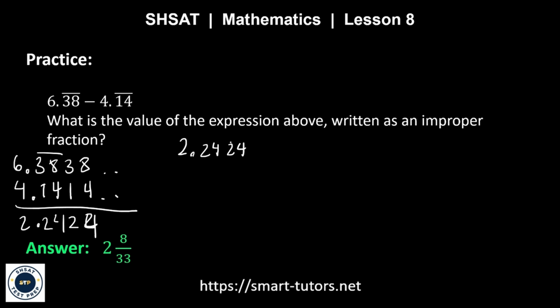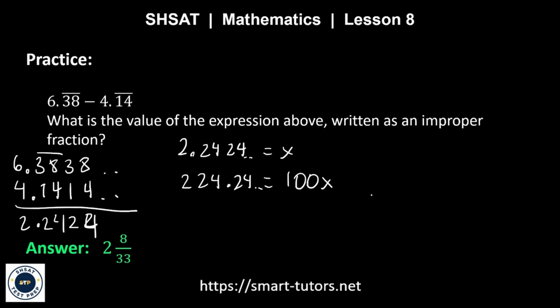So you have 2.2424. What you can do is put this as the value of a variable, so you can make x into 2.2424 repeating. And then you can multiply both sides by 100 to get a variable of 100x. We have 24.24 continuing.